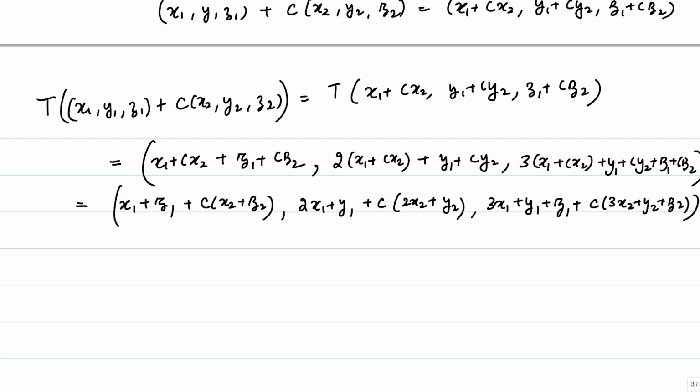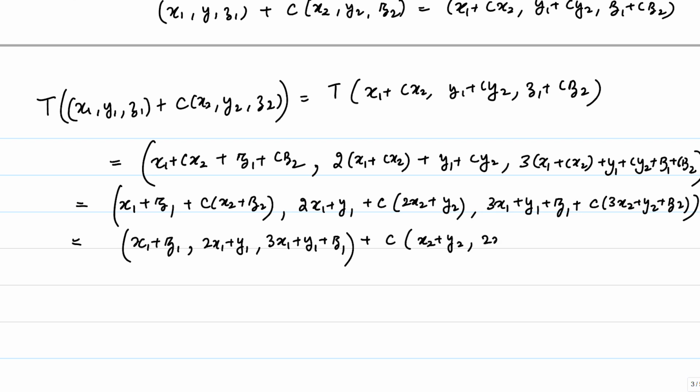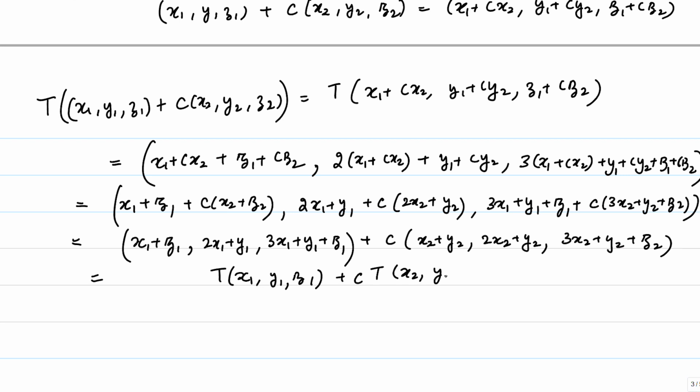Now, if you look at this particular vector in R3, I may as well write it as (x1 plus z1, 2x1 plus y1, 3x1 plus y1 plus z1), which is one vector, plus c times (x2 plus z2, 2x2 plus y2, 3x2 plus y2 plus z2), which is nothing but T of (x1, y1, z1) plus c times T of (x2, y2, z2).